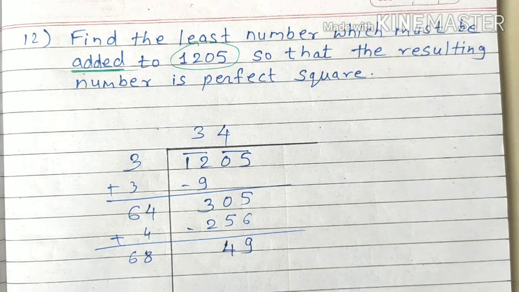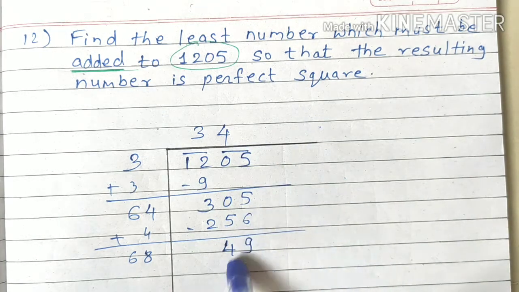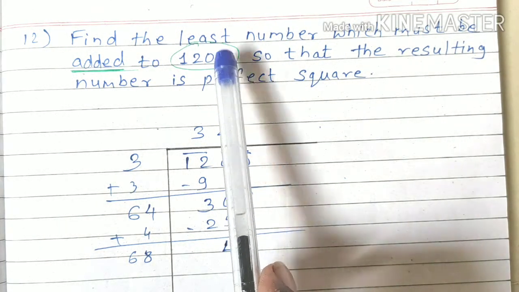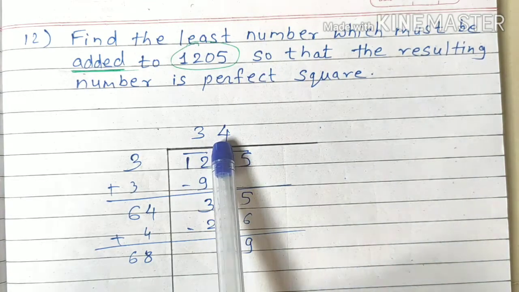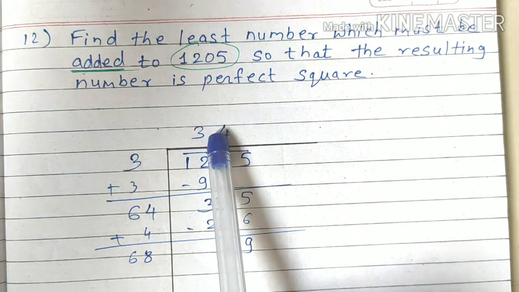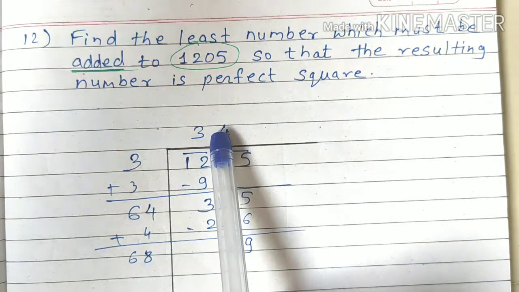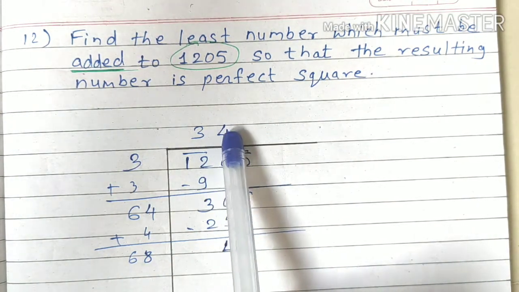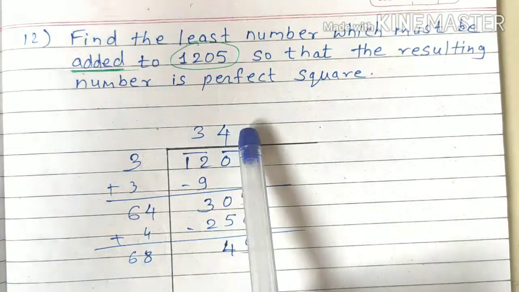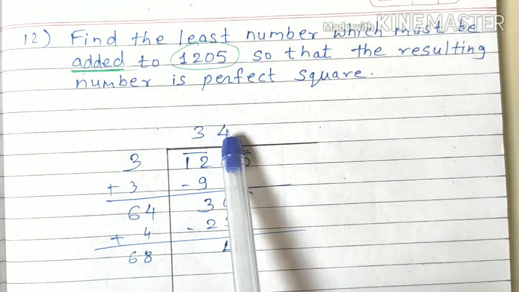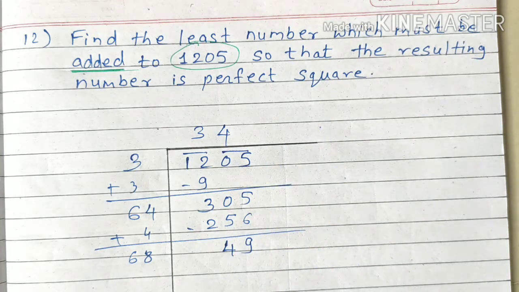Correct. Now see what will happen if we subtract 49 from this given number: the resulting number is a perfect square of 34. But we want to add something to it, no? So when we add something, what is the next number after 34? It is 35. So the resulting number after addition will become a perfect square of 35. Okay. So students, what is the square of 35?